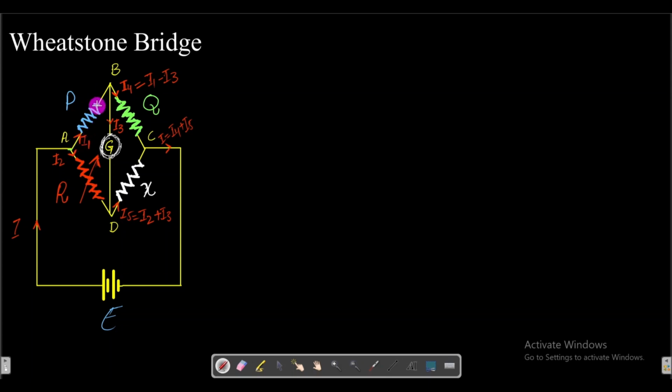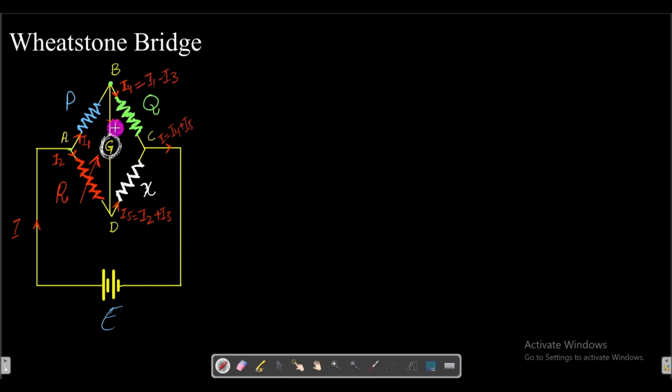On this side, the I1 current will flow, and here again there is a junction, and at this junction Kirchhoff's current law says that the entering current will be equal to the current leaving this junction. So here the current I1 will be converted into I3 and I4, and it is clear that the current I4 is actually I1 minus I3.